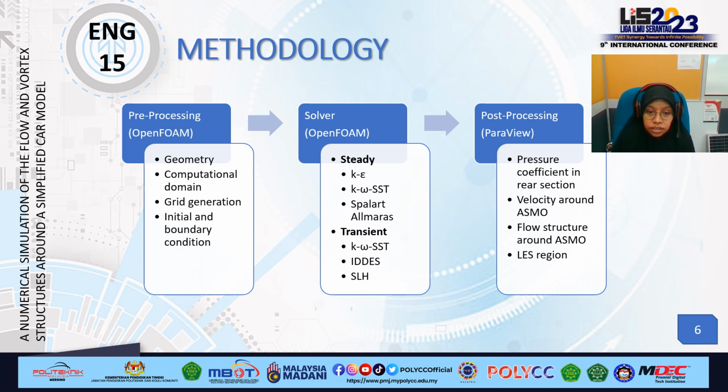But in transient, we use the models k-omega SST, IDDES, and SLH. For post-processing, we see the results using ParaView. We see the pressure coefficient in the rear section. We see the velocity around the Ahmed body and flow structure around the Ahmed body and also the LES region.